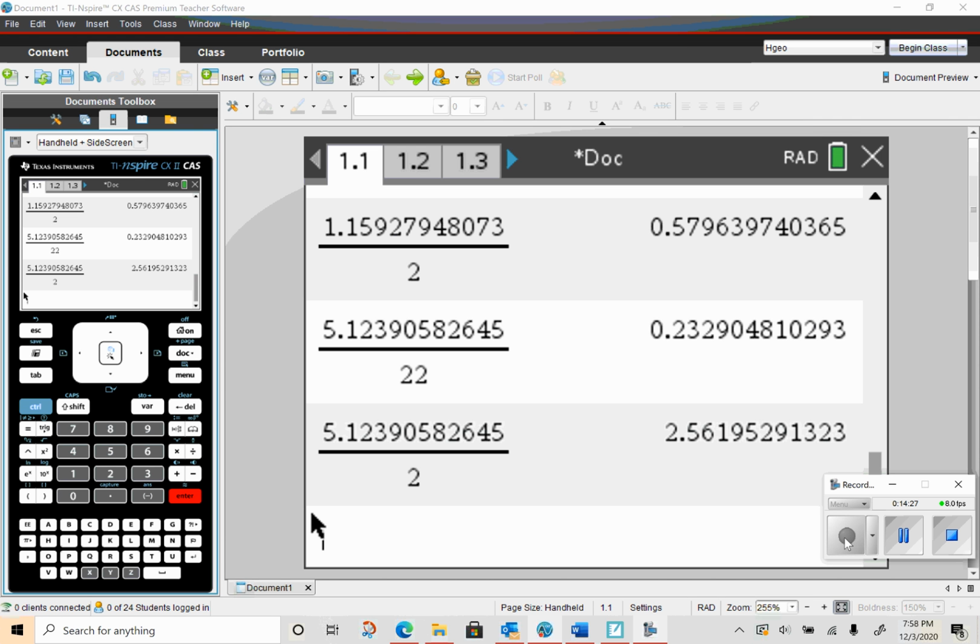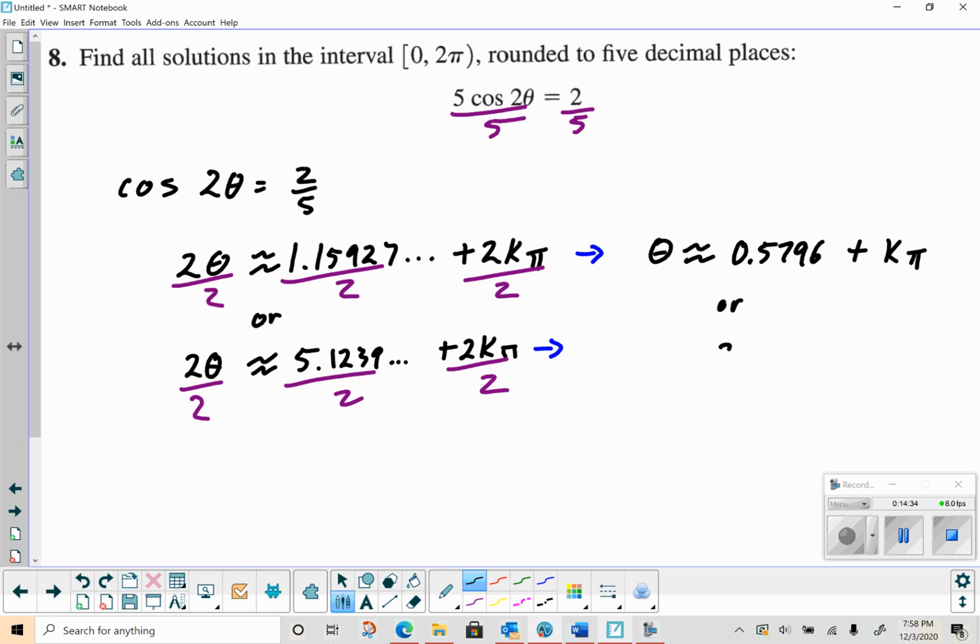All right, divide that by 2. 2.56195, blah, blah, blah, plus 1k pi. That seems much more reasonable. All right, so now that I have my expressions, then I can get around to finding the values in this particular interval.